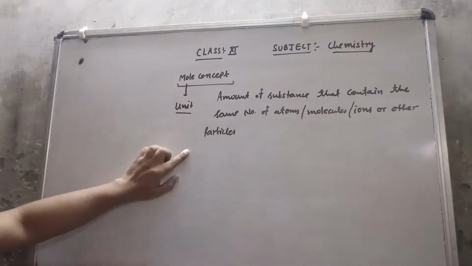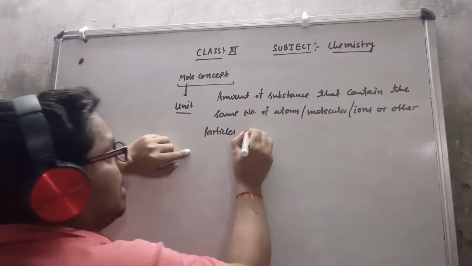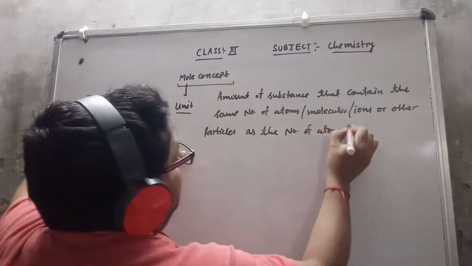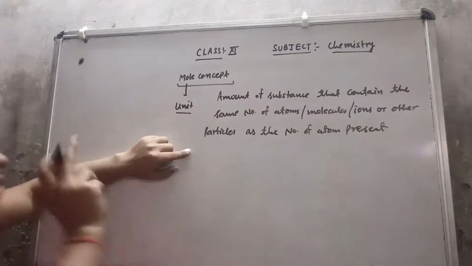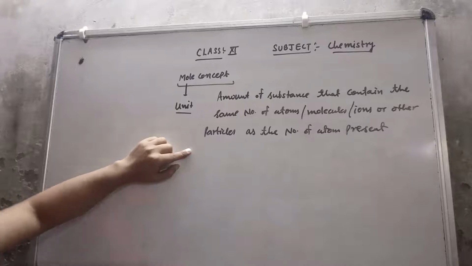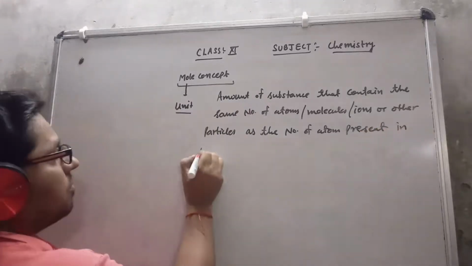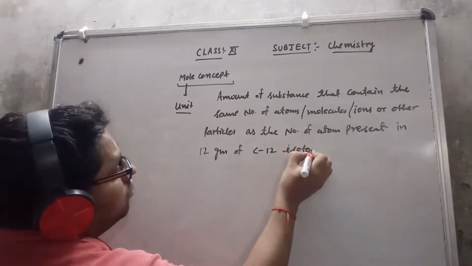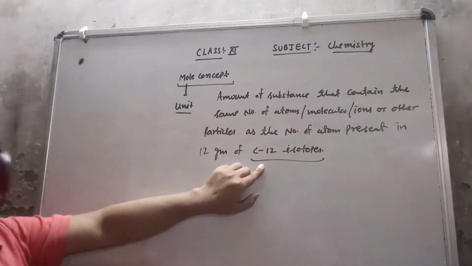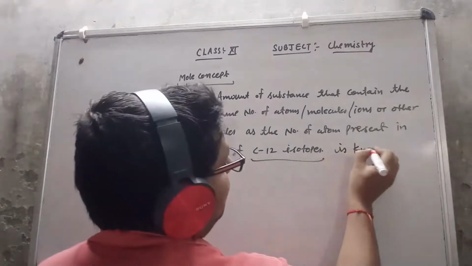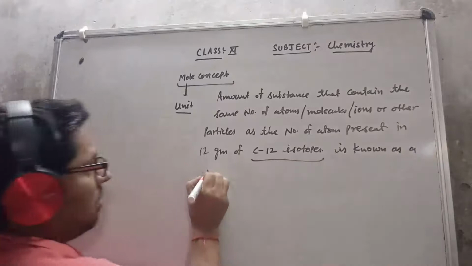Atom can be possible, molecule can be possible, ions can be possible, or other particles, as the number of atoms present in 12 gram of carbon 12 isotope is known as a mole.